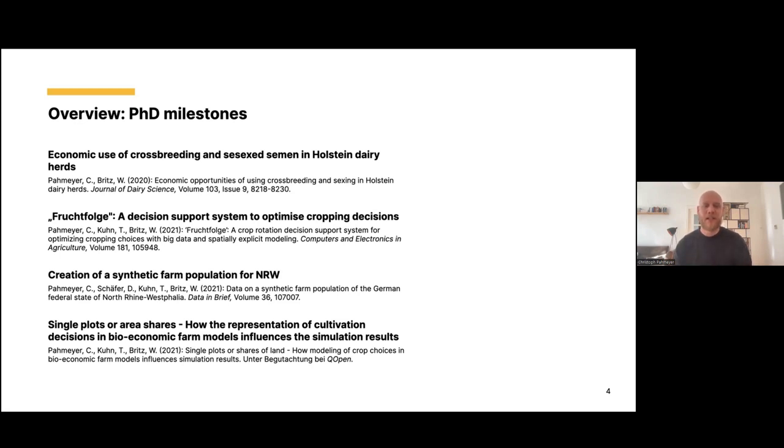sex semen. That's especially interesting because with cattle breeding, it's possible to split the female and male semen before artificially inseminating a dairy cow. And especially in dairy milk production, the male cattle is not really wanted and doesn't have any economically viable aspect.